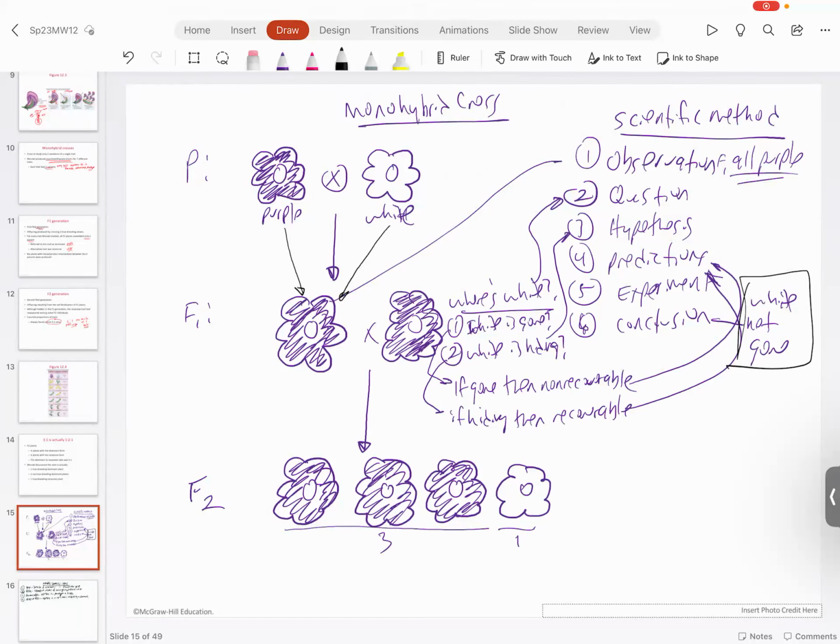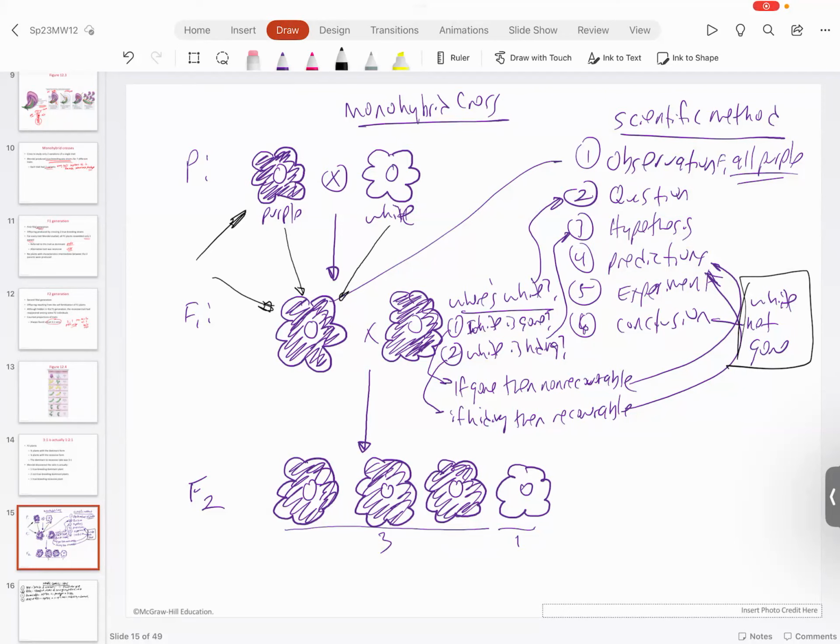Okay, let's dig a little deeper. Let me ask you a question. If I were to show you this flower right here, right next to this flower right here, would you be able to tell me which one is which? Is the correct answer yes?